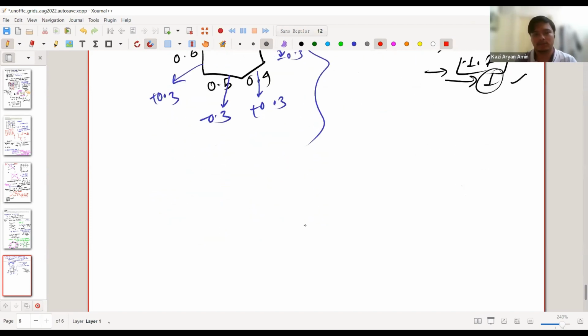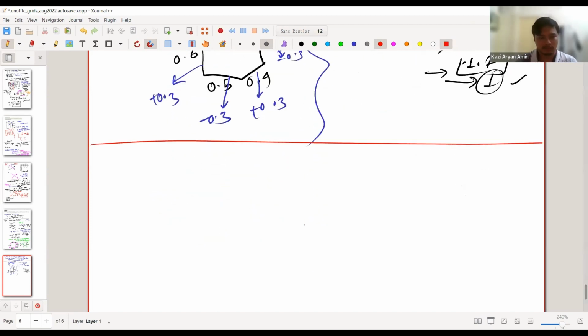Any more questions? So we perform the epsilon operation.